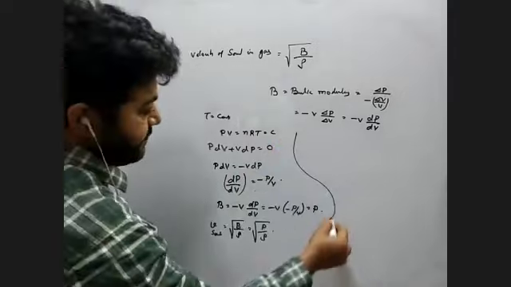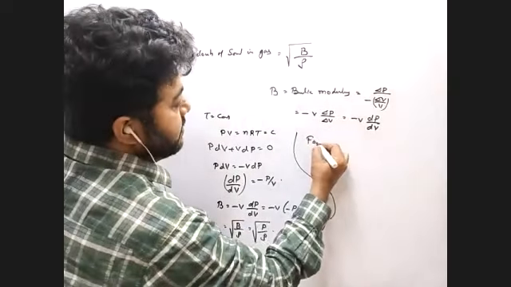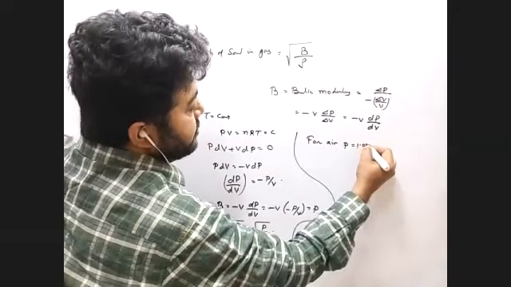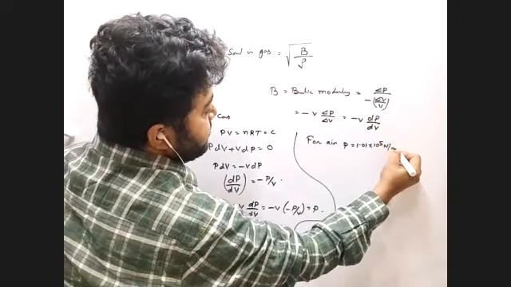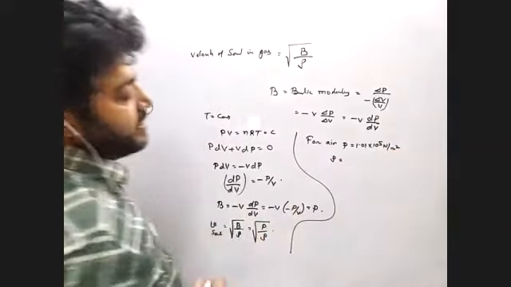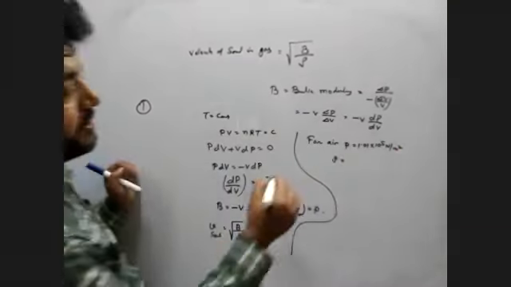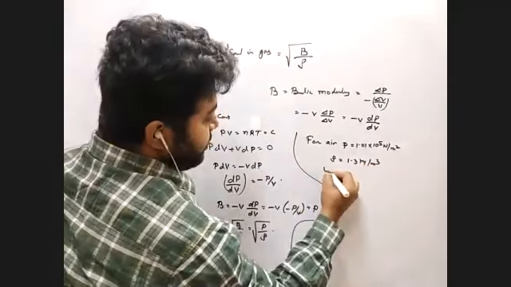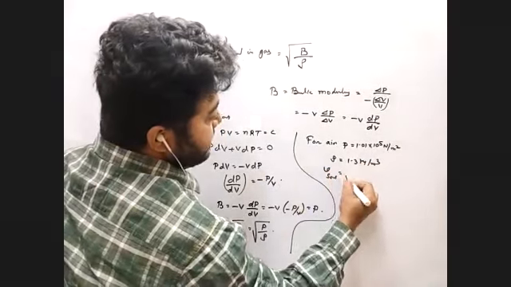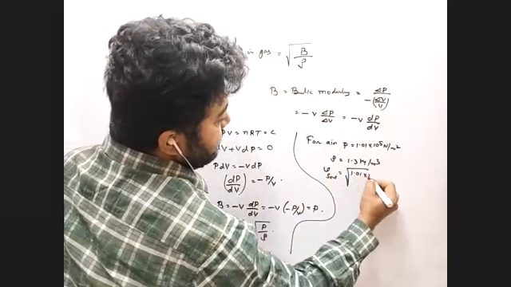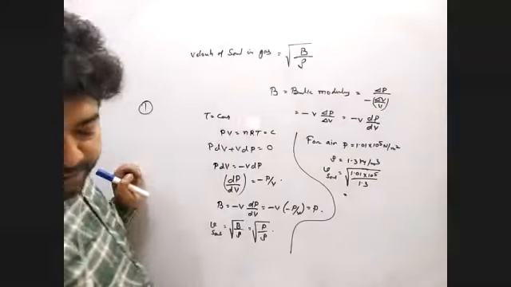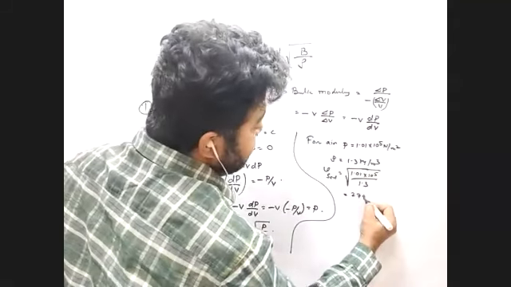So after that, for air, pressure is 1.01 into 10 to the power 5 Newton per meter square, and density of air is 1.3 kg per meter cube. If we put these two values, the velocity of sound is root of 1.01 into 10 to the power 5 by 1.3, we get almost 279 meter per second.